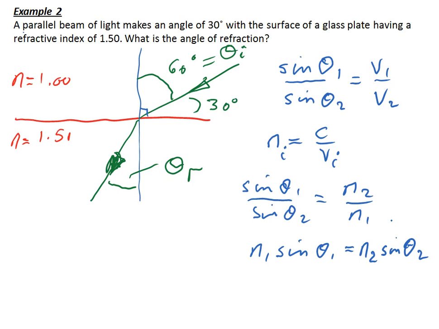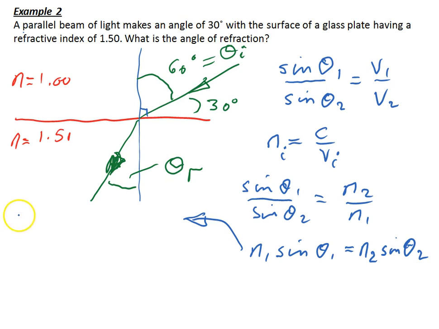And in our case, we have an angle of incidence, 60 degrees, and we're asked what is the angle of refraction. So let's use the form just given, and I'm going to move up here. We'll particularize it to our case.